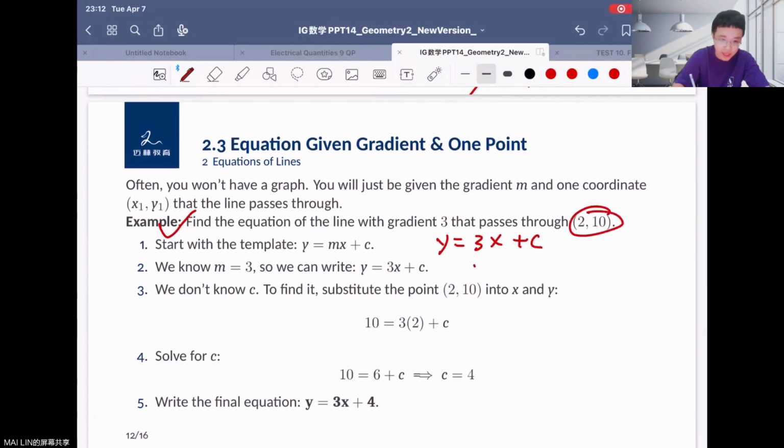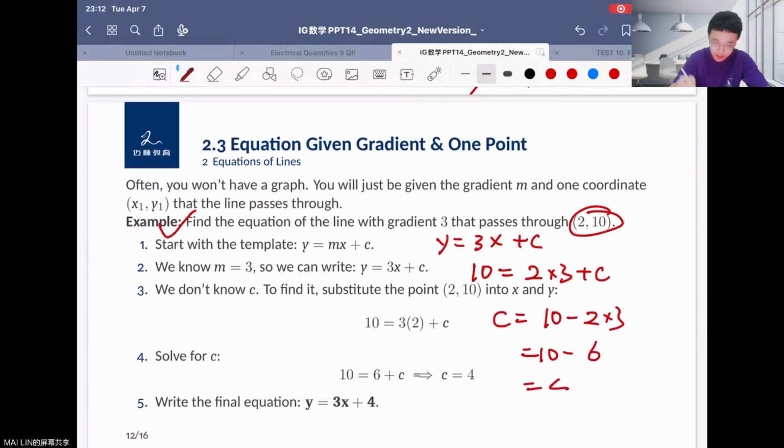That is 10 equals 2 times 3 plus c, okay? Then c equals 10 minus 2 times 3, that is 10 minus 6 equals 4, right? So the final equation can be written as y equals 3x plus 4, okay?